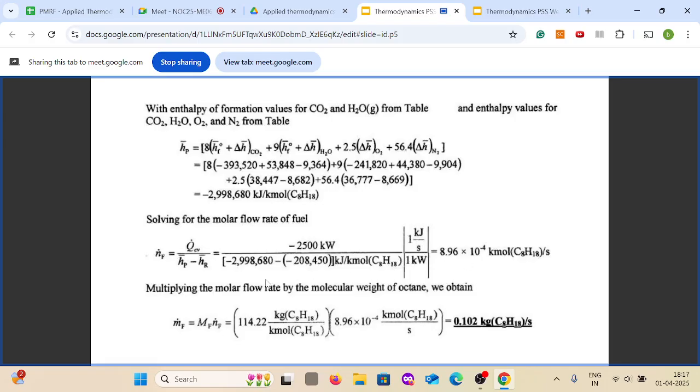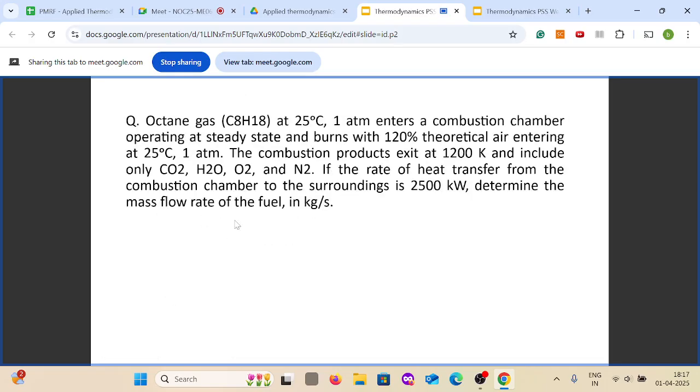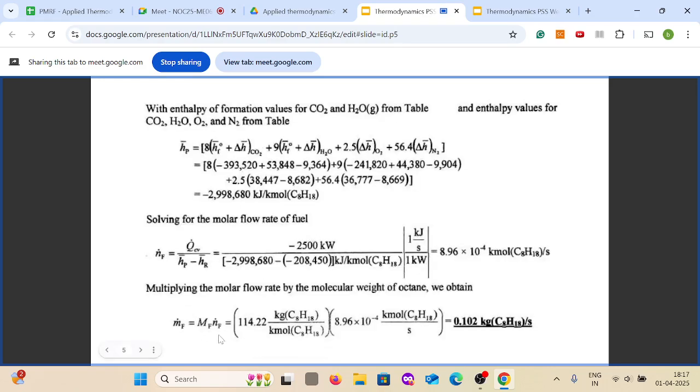We need to find it in terms of mass flow rate, because the problem asks for the mass flow rate of fuel in kg per second. The mass flow is the mole flow rate multiplied by the molar mass of the fuel. For C8H18, 8 into 12 plus 18 into 1 gives 114, so 114.22 is the molar mass.